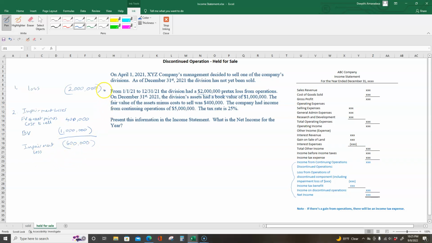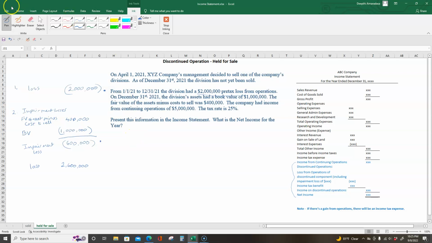So we're going to add this 2 million and the 600,000. The total loss is going to be 2,600,000. And that's a loss. That's the number that we're going to report as a loss from operations of the discontinued component. Now let's go ahead and prepare the bottom part of the income statement.